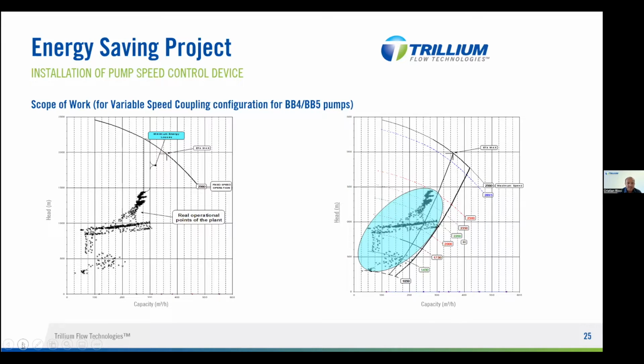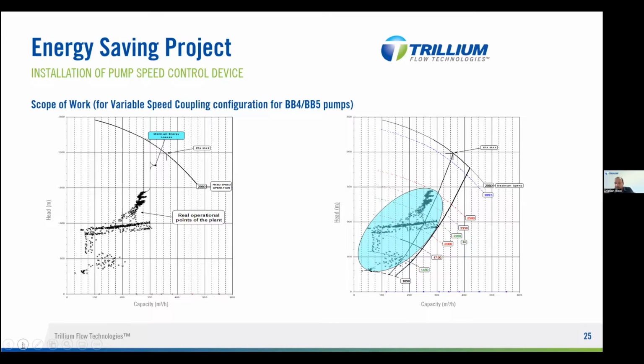And you can see a cloud of points, which represent the real operation points. As you can see, with a pump at fixed speed, such operation points can be achieved only by regulating the valve. It means energy losses, energy friction, energy consumption.